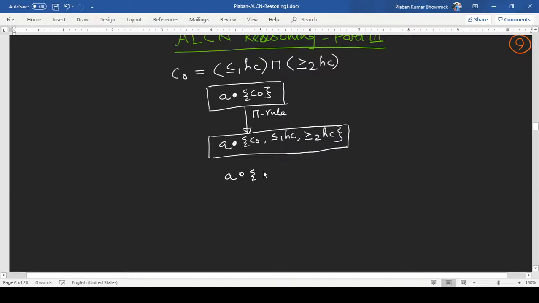A is C0, less than or equal to 1 HC, greater than or equal to 2 HC, and we'll be adding two children, HC B. And what will be the class label for B?